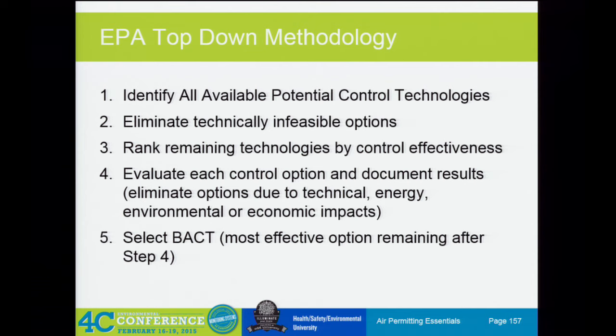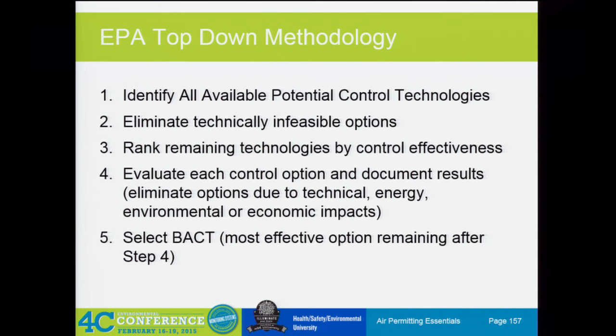A lot of the environmental advocates are challenging PSD permits and these economic impacts, saying that if you're doing a $4 billion project and installing the SCR technology is only going to be a couple hundred thousand dollars, you can definitely afford that SCR technology. It doesn't matter if it's $16,000 or greater per ton that you're reducing. So we're starting to see that come into place, and that is no longer an option to be taken out. But like I said, as a general rule of thumb, about $16,000 per ton is what's been used in the past for economic impacts.